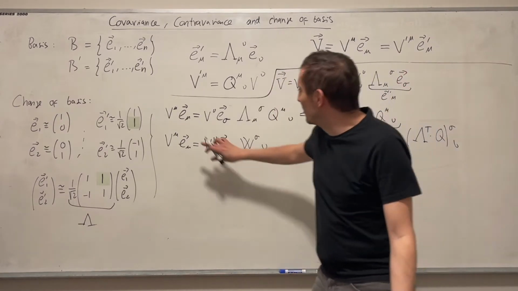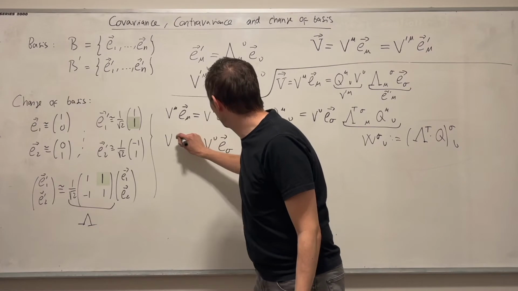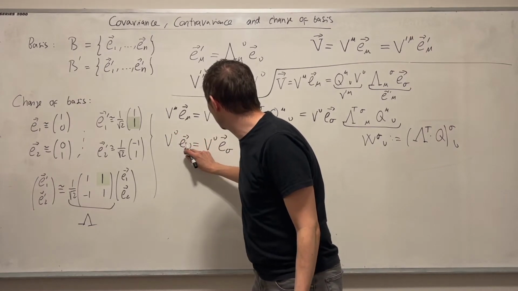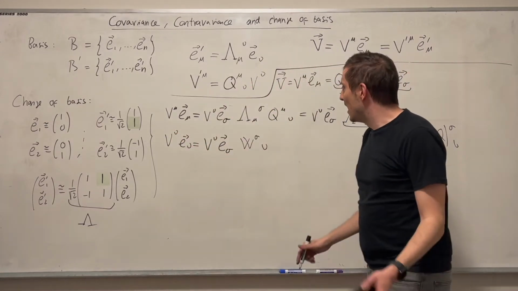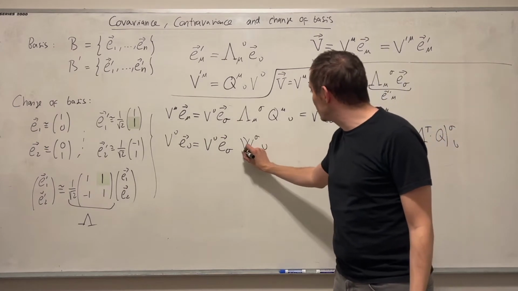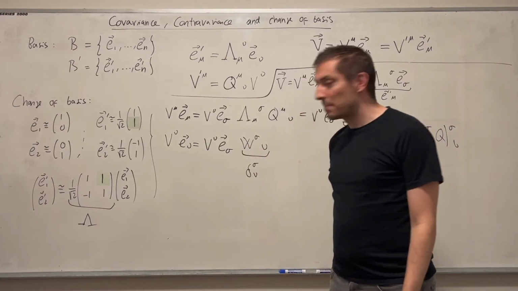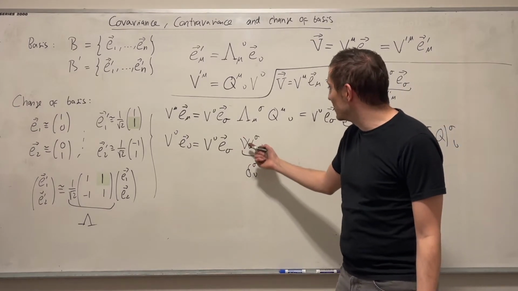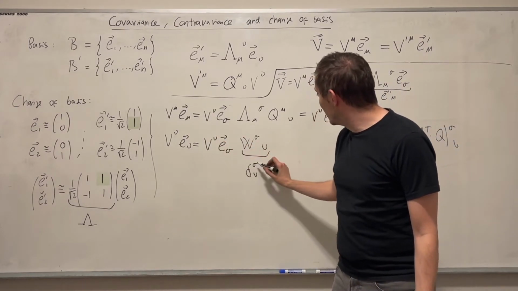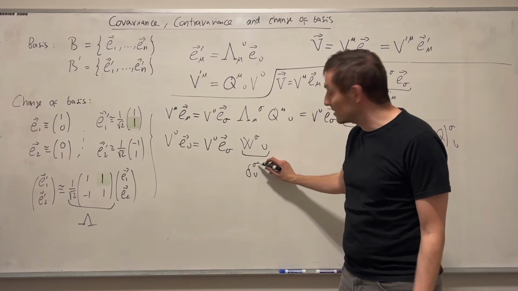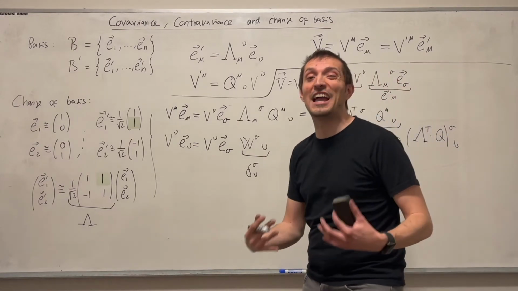I could call this nu, since this is a dummy index on the left-hand side, just for aesthetics. And you see that if this thing were the delta sigma nu, then that would be true. This is a Kronecker delta, which is also what we call the identity.